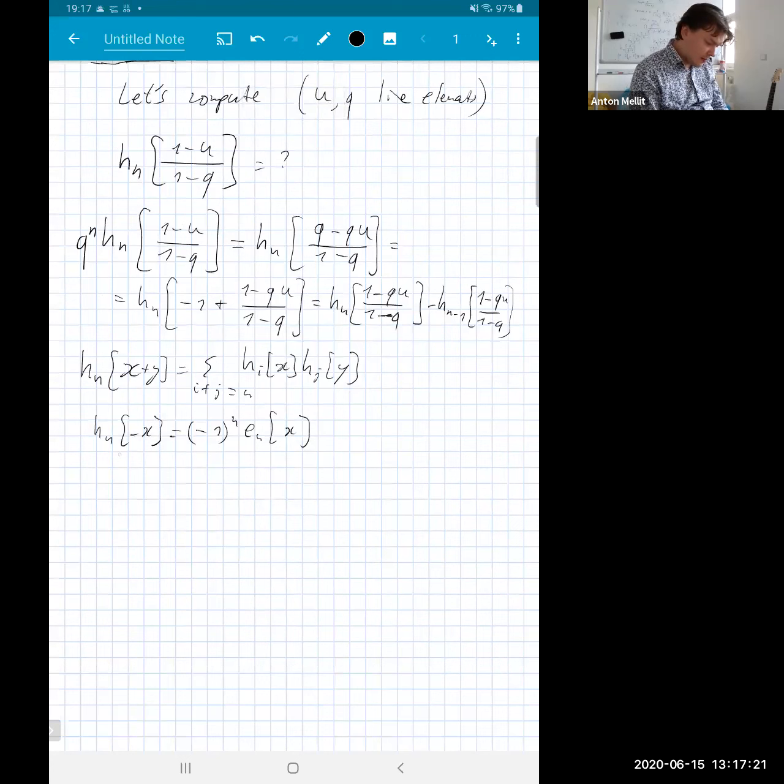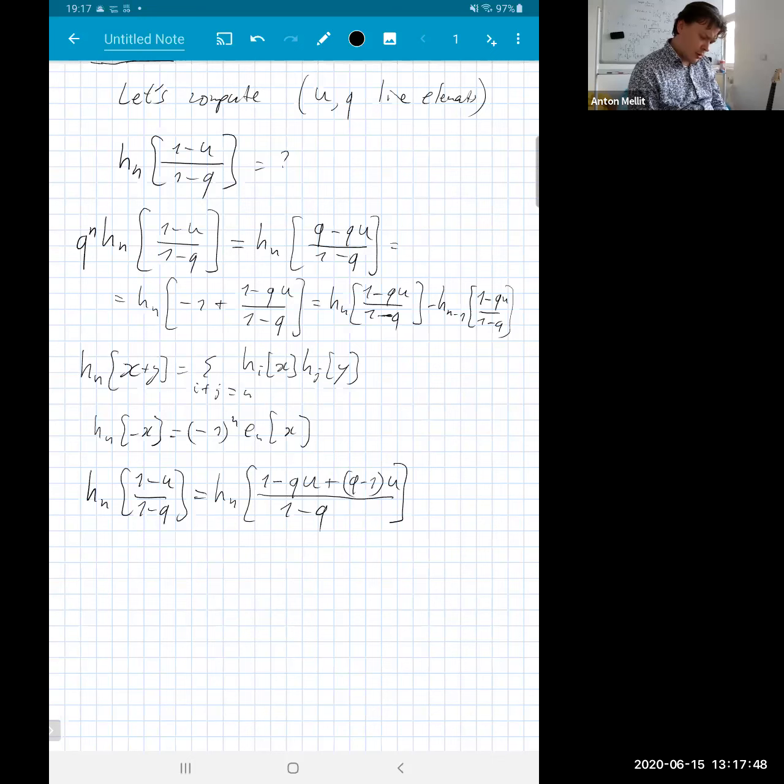And then I want to expand h_n of (1 minus u)/(1 minus q). I want to now play with u. So I want to take 1 minus qu plus (q minus 1) u. Right?